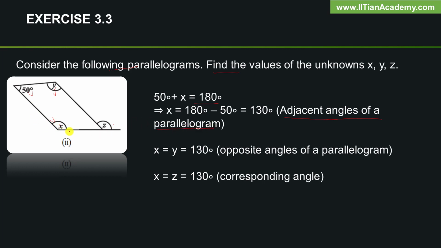Hence, x equals 180 minus 50 equals 130. Now x equals y equals 130, since both are opposite angles of a parallelogram. Now x equals z equals 130, as these are corresponding angles.